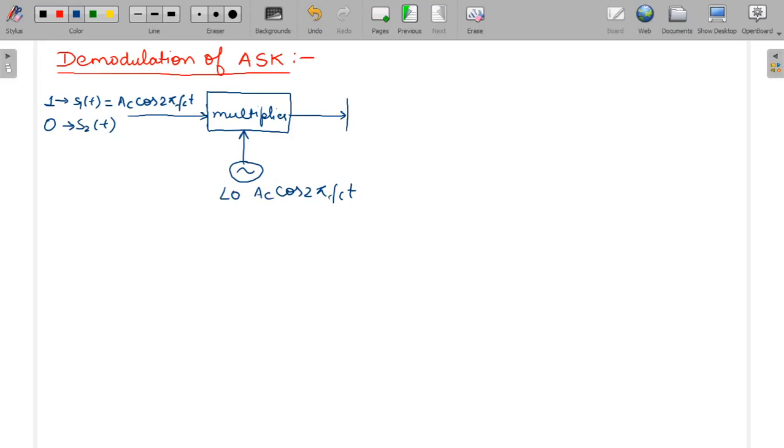Now we will pass this signal through the low pass filter. What does a low pass filter do? A low pass filter rejects the higher frequency component. Up to this, clear?